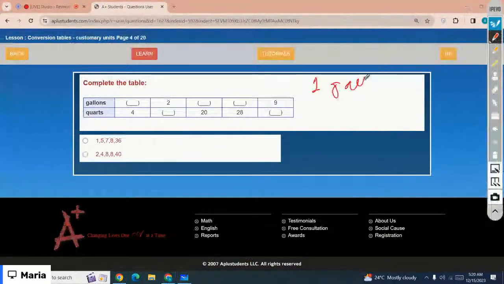One gallon equals 4 quarts. So here you have 4 quarts that equals 1 gallon. 2 gallons. So you have to do 2 times 4, that is 8.